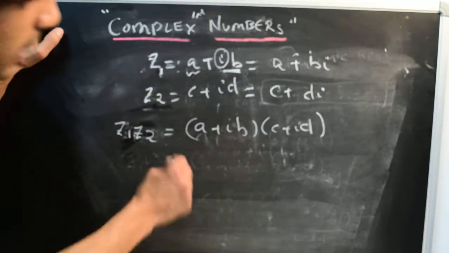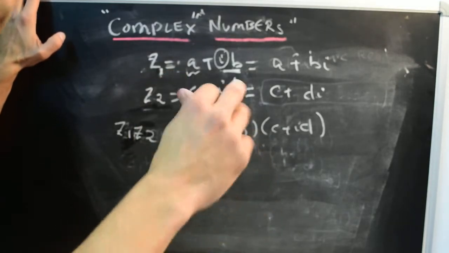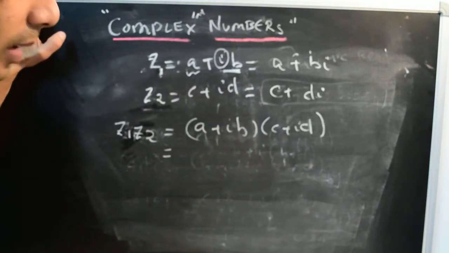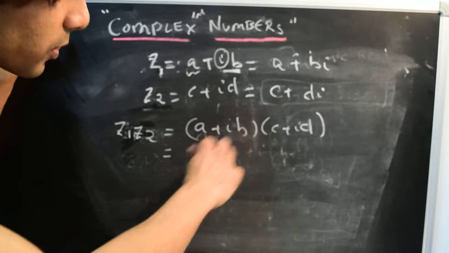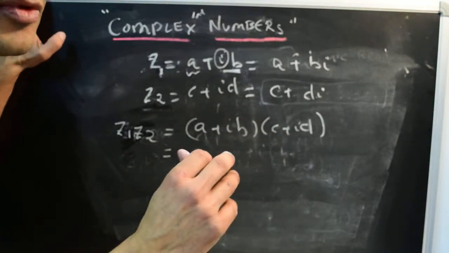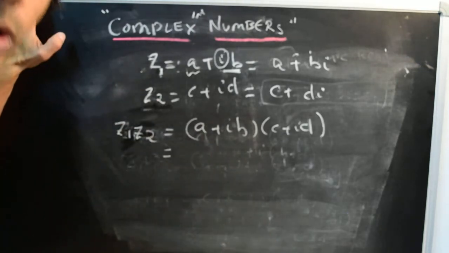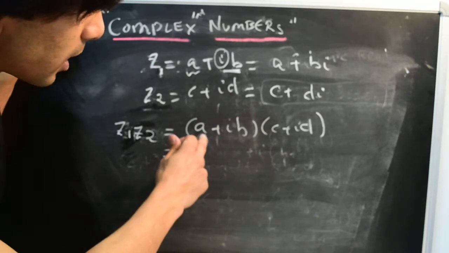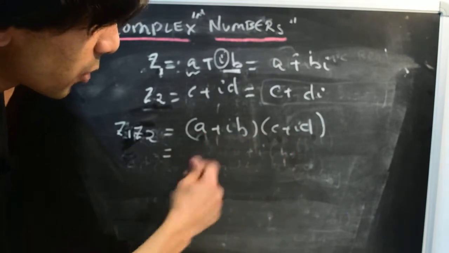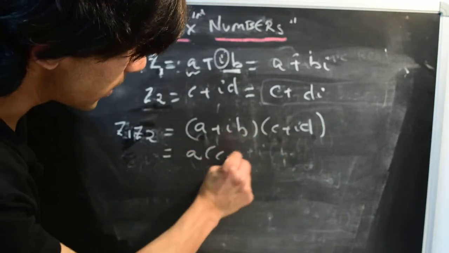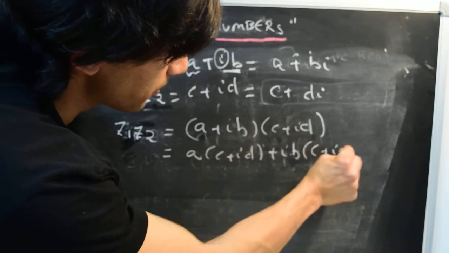We know that multiplication of real numbers distributes over addition, and in defining multiplication of complex numbers, we'll say that I carries along as a symbol for a unit imaginary number, but we are still allowed to use the distributive property. So in this case, we can write this product as a times c plus id, plus ib times c plus id.